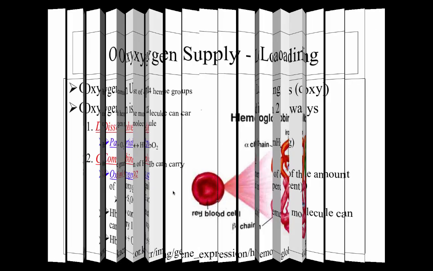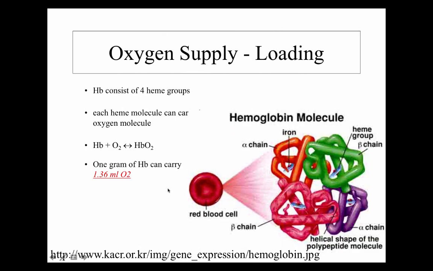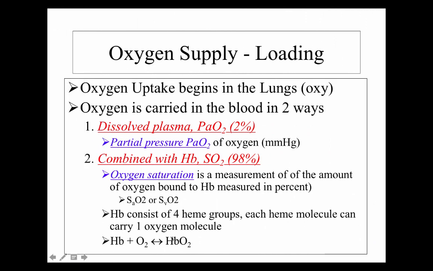So hemoglobin, really important. We'll look at this in a second, but going back, hemoglobin consists of 4 heme groups. Each heme molecule can carry one oxygen molecule. And so we understand this equation, hemoglobin plus oxygen, and you have this bound state.